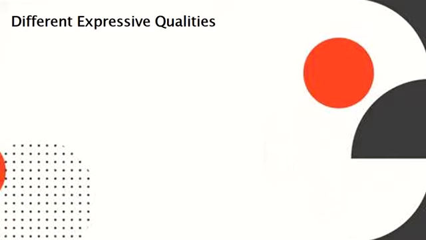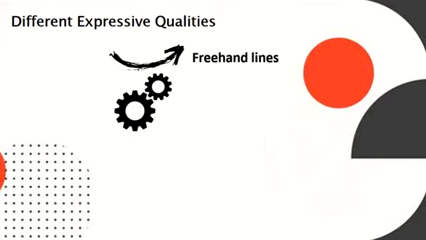The way we draw a line can convey different expressive qualities. For example, freehand lines can express the personal energy and mood of the artist. We also have mechanical lines that can express rigid control.